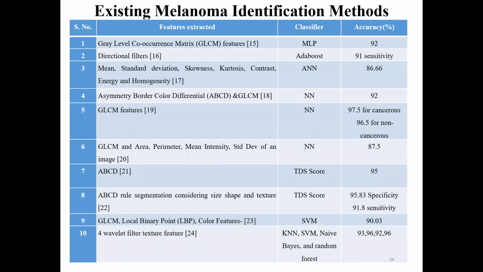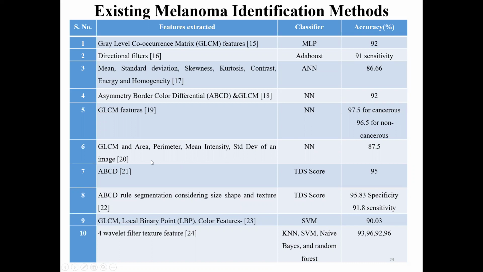And GLCM, that is gray level co-occurrence matrix features, and others have done the neural network implementation. Here, multi-layer perceptron is the first one, and with the same GLCM features and neural network implementation, they got 97.5% accuracy for cancerous disease, and 96.5% accuracy for non-cancerous disease.